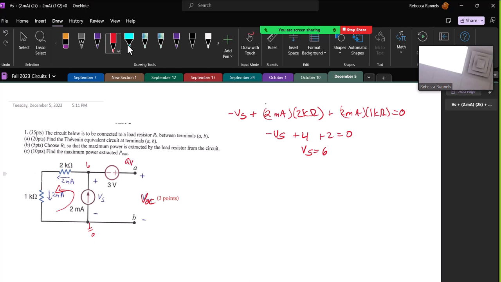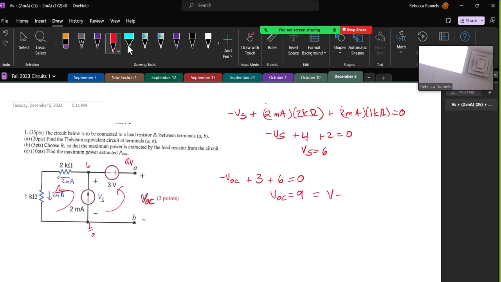Following the solutions that you have here, if I do a KVL and I'm going around this loop, coming into the minus side of the open circuit, minus V open circuit, and then coming into the plus side of the 3-volt voltage source, that's 3 volts, and then coming into the plus side of Vs, that would be plus 6, and that has to equal 0, or V open circuit has to equal 9, which is the difference between 9 and 0 right here.